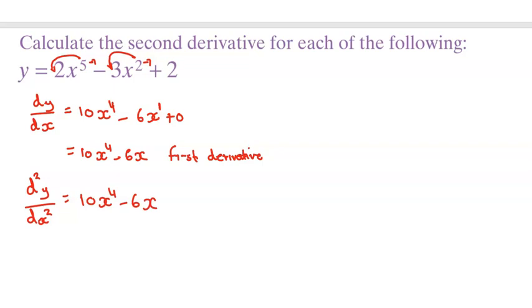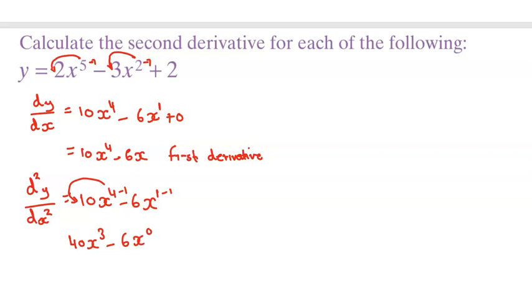This 4 comes here, so we have 4 times 10, which is 40x, and then here we subtract 1, so 4 minus 1 is 3. And then minus 6x. This is x power 1, so 1 minus 1 is 0. So it's going to be 6x power 0.